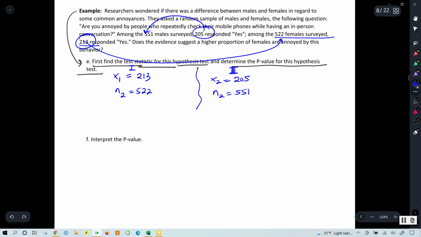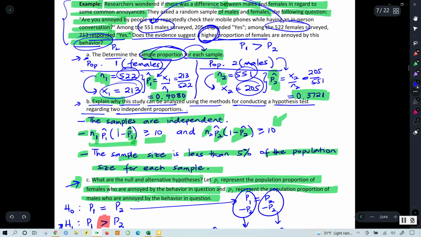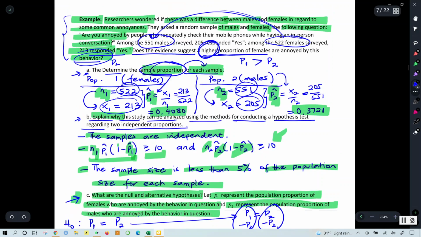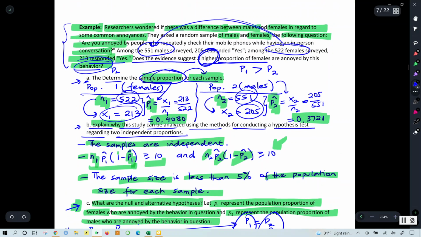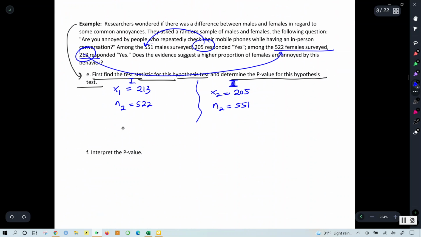And we're conducting this test at what level of significance? If we look back, we would observe that the alpha was not provided here. I would like you to use alpha equals 0.01 level of significance.